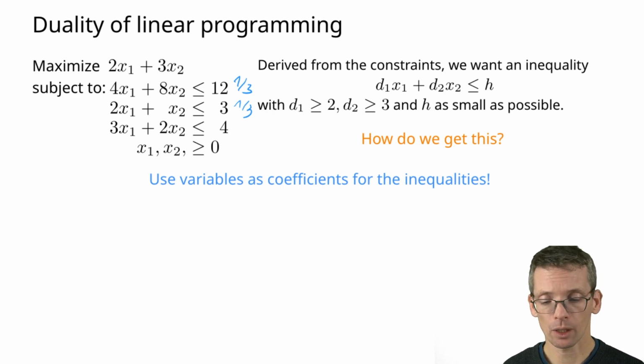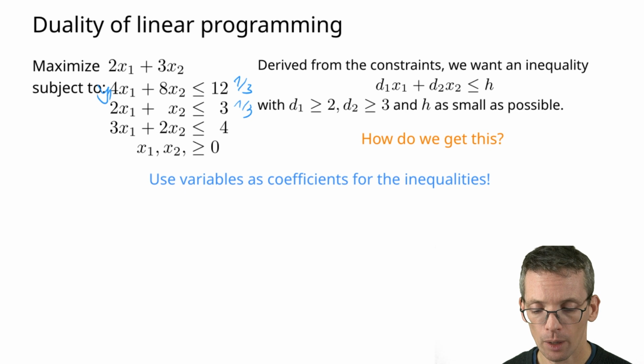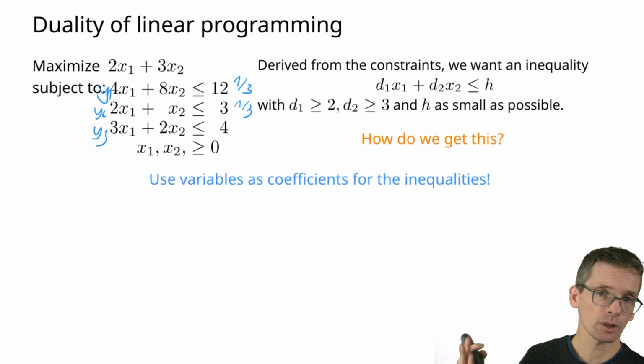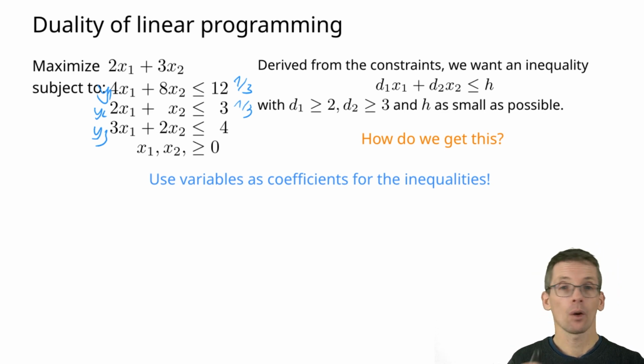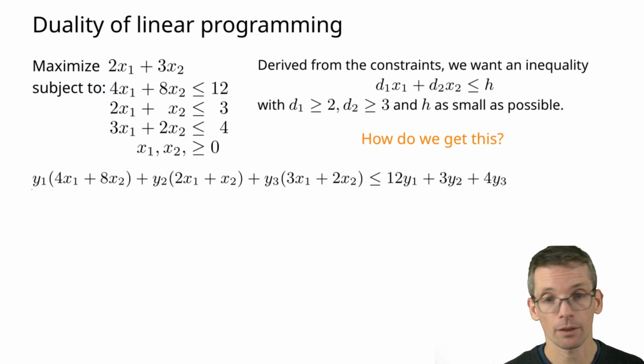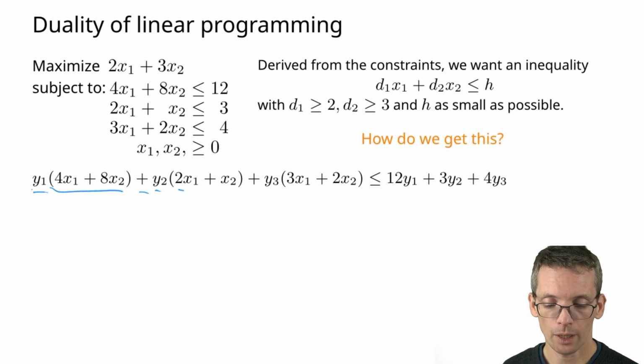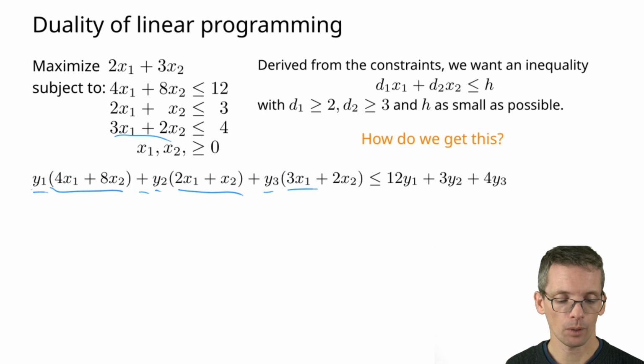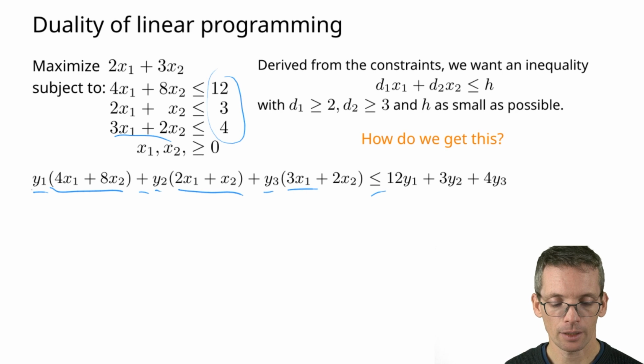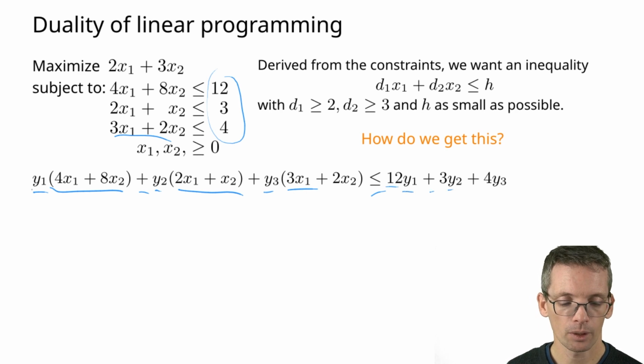But more generally, we can take coefficients y1, y2, y3, and then we take y1 times the first inequality, y2 times the second inequality, y3 times the third inequality, and this looks like that. So we have y1 times the left-hand side plus y2 times the left-hand side of the second one, y3 times the left-hand side of the third one is smaller equal, and then we have the right-hand side, so 12 times y1 plus 3 times y2 plus 4 times y3.